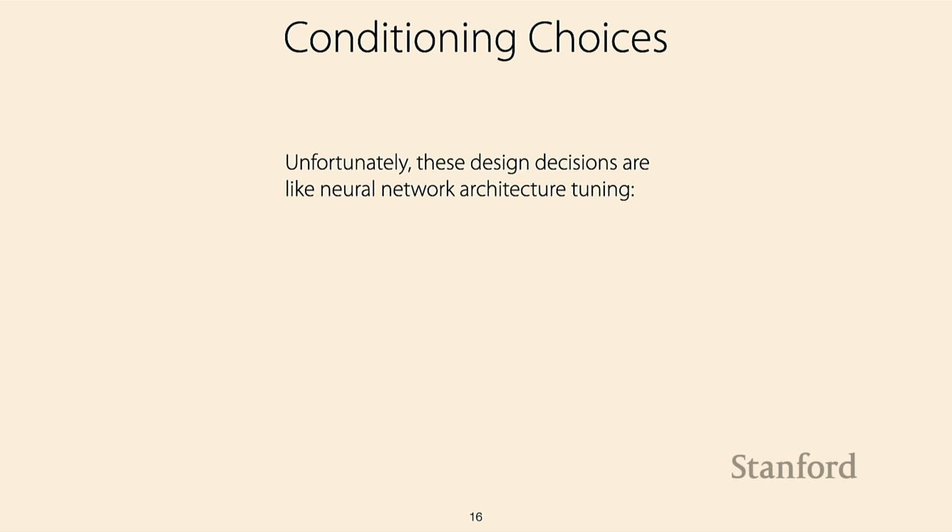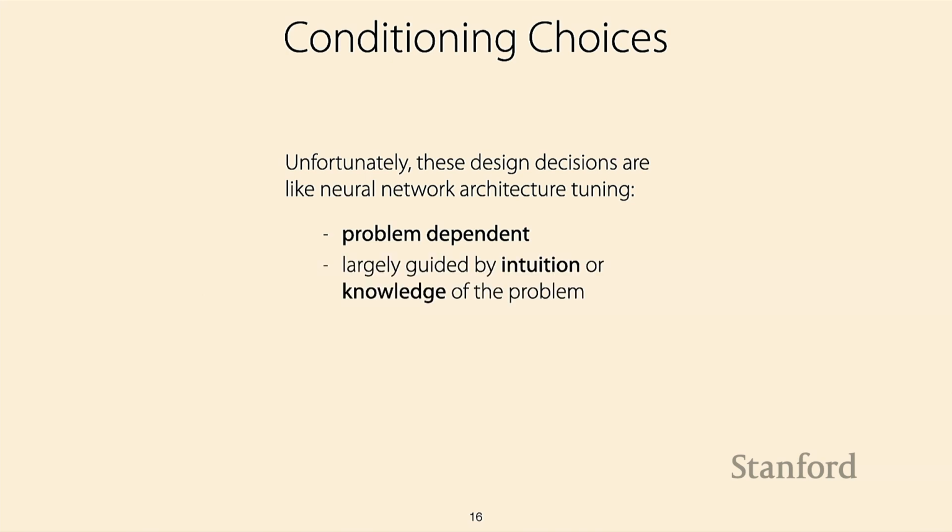Now, unfortunately, figuring out how you structure the architecture and how you condition the network is a lot like general neural network architecture tuning: it is often fairly problem dependent, a little bit more of an art than a science, and oftentimes guided more by intuition or knowledge of the problem, as opposed to a really rigorous set of guidelines for exactly what you should do. That said, we'll talk in some of the coming slides about some things that can help guide that process.